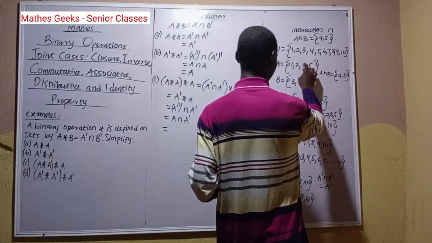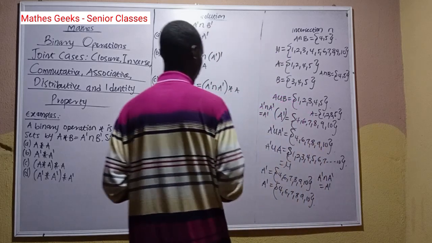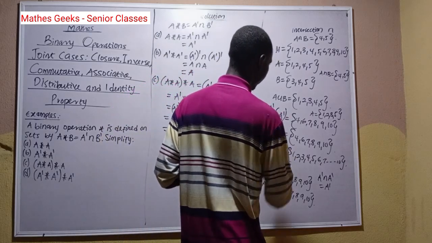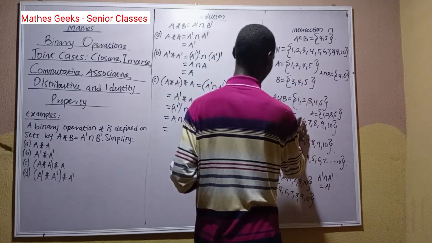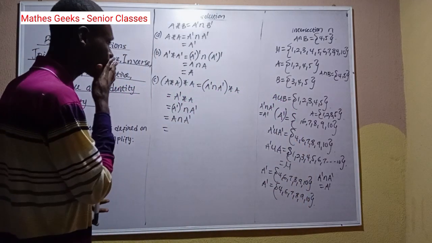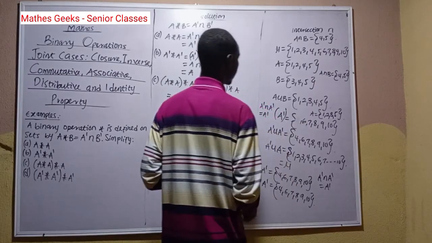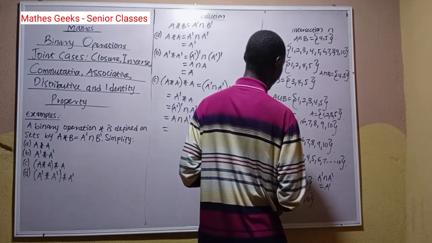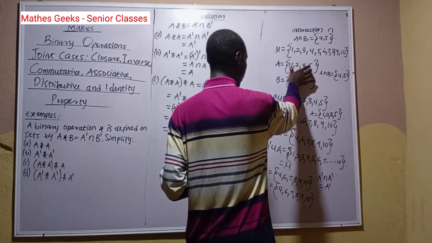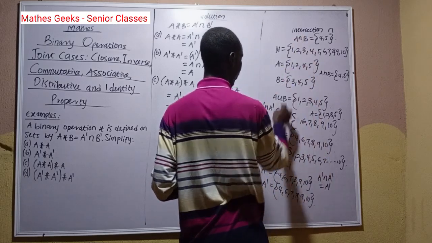Let's look at it. We have 4 here, and we have 4 here. Actually, 4 is not supposed to be in A complement, because the complement of the set A is the elements in the universal set that are not in the set A. If set A has 4 and 4 is in the universal set, then A complement shouldn't have 4.